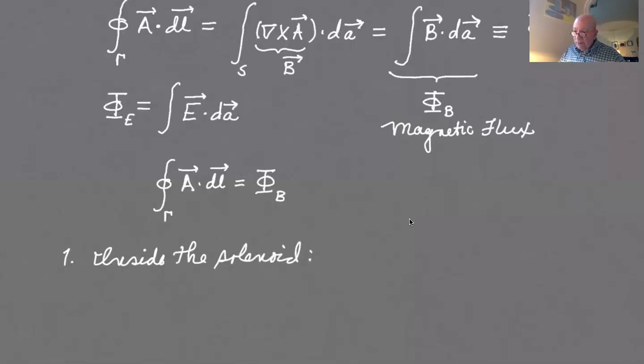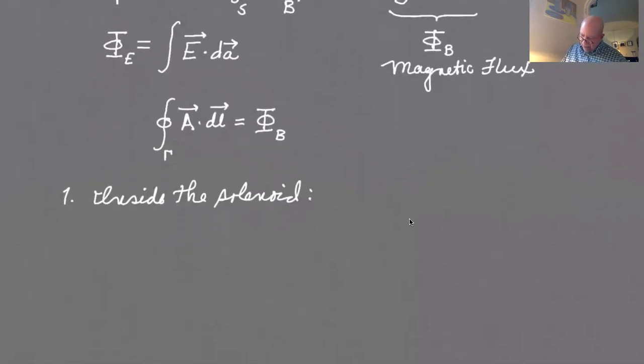Inside the solenoid, what we have is the following. We have A dot dl, and dl now is just going to be a circular loop.